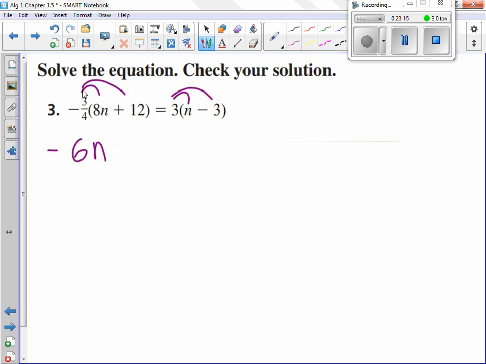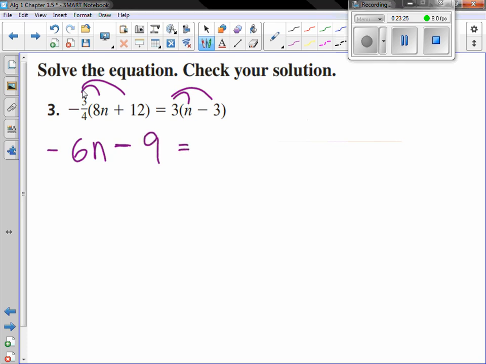And then what are we going to multiply? Negative 3/4 times 12. Type it in. We agree with negative 9? Yes?